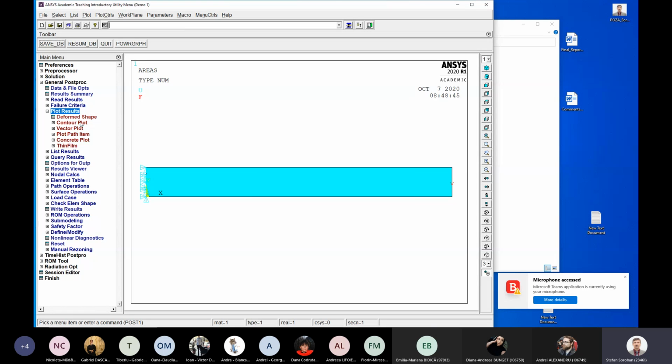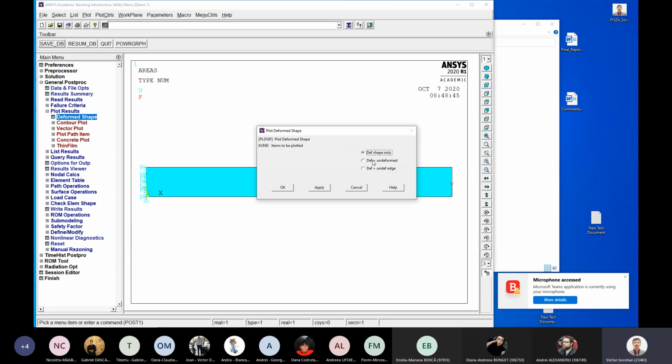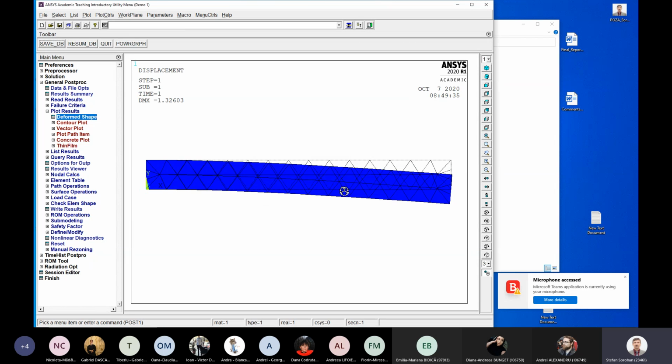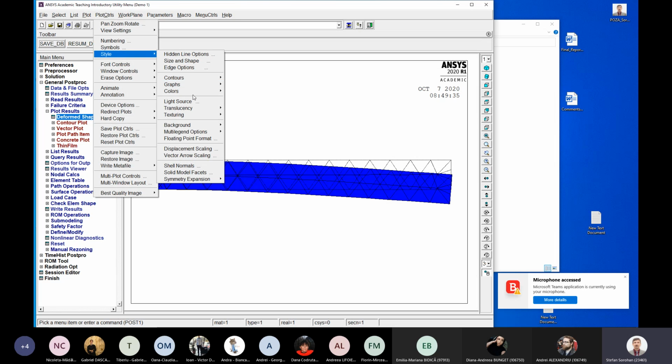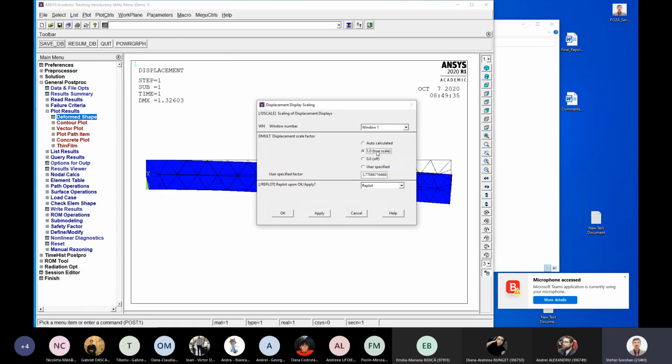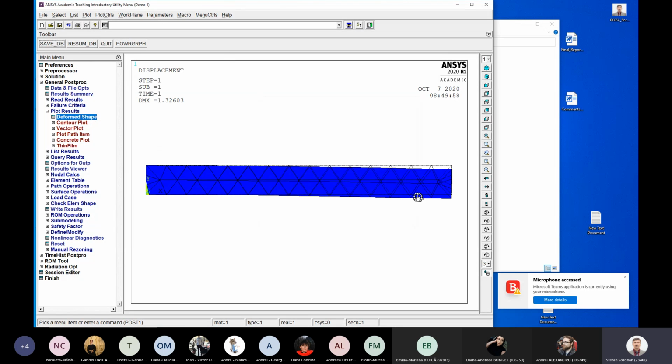And we can plot, let's say, the deformed configuration. Due to the force here, this body has a maximum displacement of around 1.32 millimeters. This displacement is not at real scale. This is steel. If we change to true scale, we observe that the displacement is small. It's not so large.